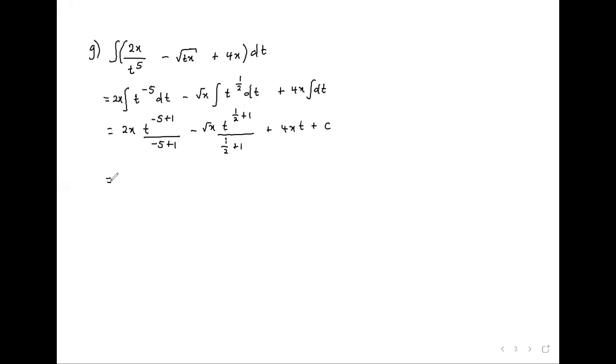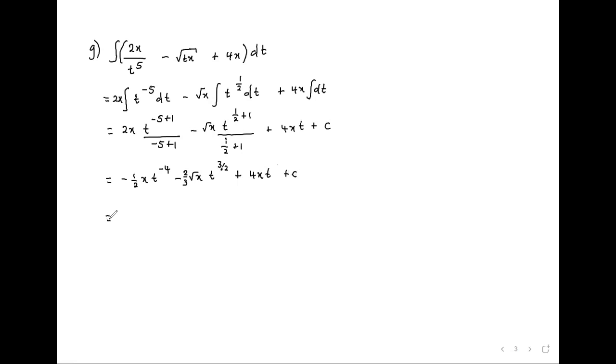This means that we have 2 over -4, which is equal to -1 over 2, x t to the power -4, minus root x t to the power 3 over 2, and so this will be 2 over 3. And then plus 4xt plus c.